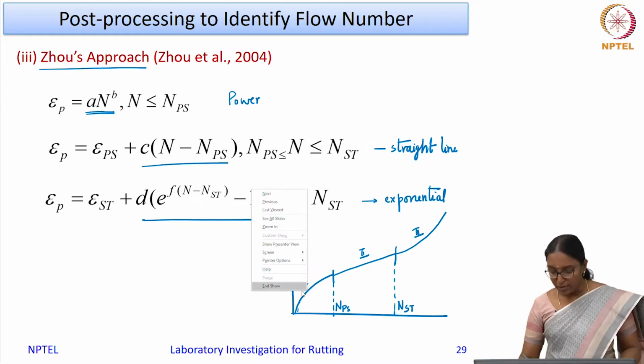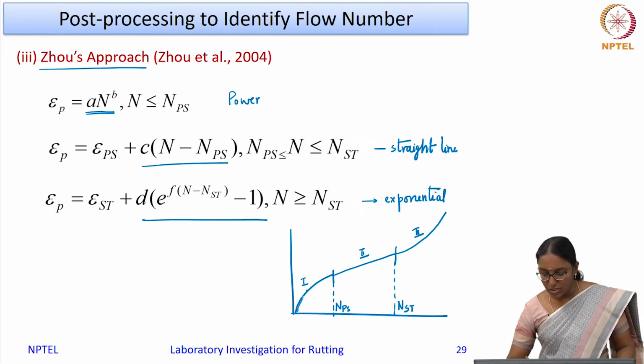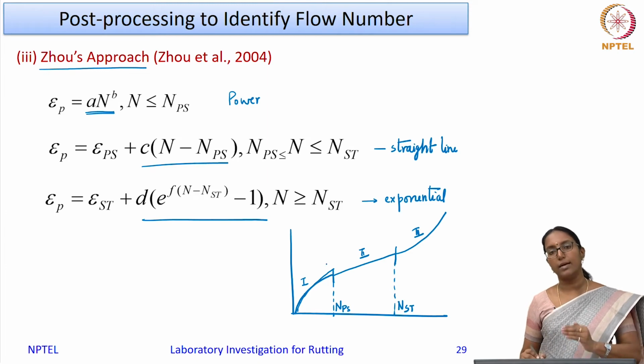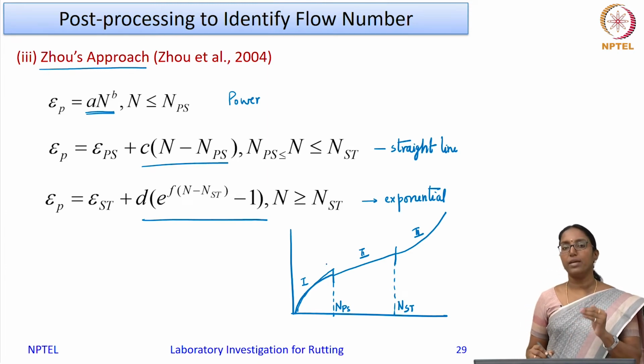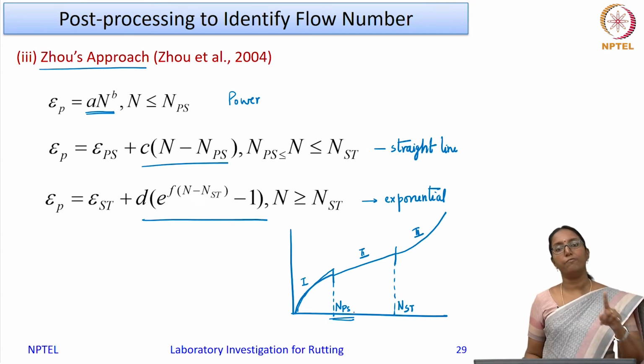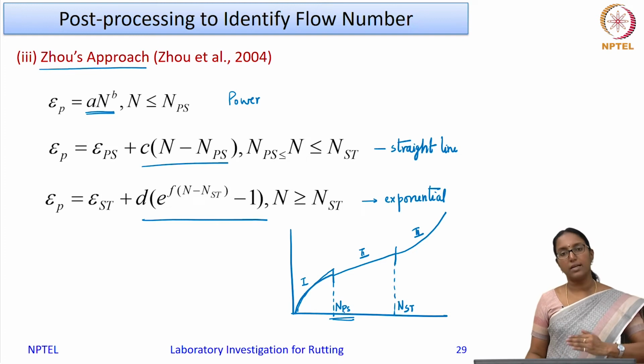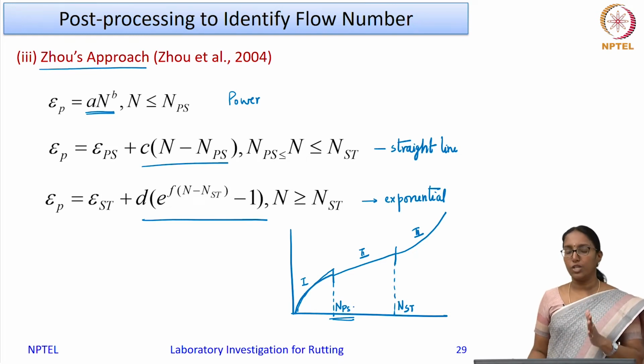Whenever the prediction starts deviating from the actual curve, you can stop the cycle there, as that will be the end of the primary stage. That deviation can be taken as say 1% or 2%, and whenever it starts deviating from the curve, you can stop there and take that as the NPS.